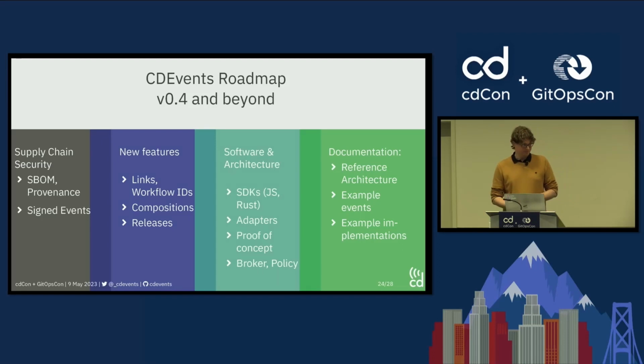And possibly, as I mentioned earlier, maybe do some work in the area of providing some guidance and maybe some software in the area of the broker and the policy. Other than that, from the documentation point of view, we want to collaborate with reference architecture initiatives and provide more example events and implementations.